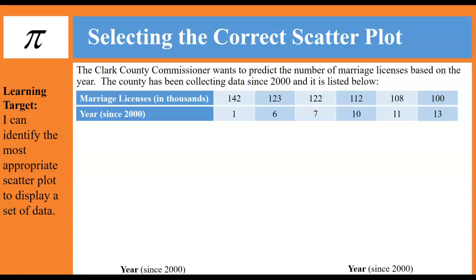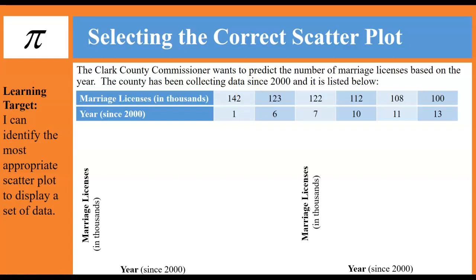That's my explanatory variable. And because I want to make a prediction using the year, the marriage licenses are going to be my y-axis. And that's how these work. So in this lesson, you can't trust that they're going to set it up for you correctly. You have to really have a good understanding of which axis is which.